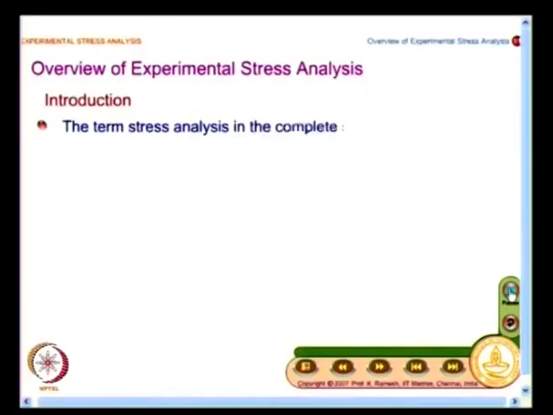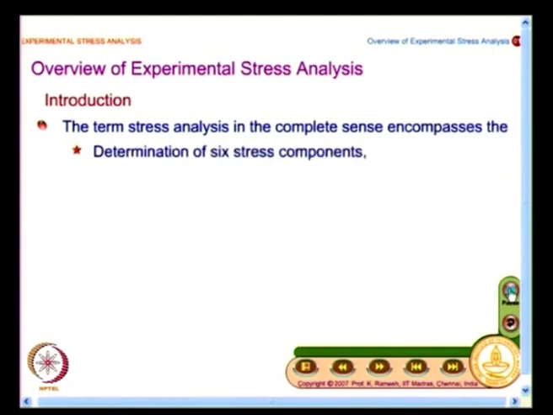But before we proceed further, we need to know what stress analysis is all about. So, the term stress analysis in the complete sense encompasses the determination of 6 stress components. Why are they 6? Why do I say that you have 6 stress components?